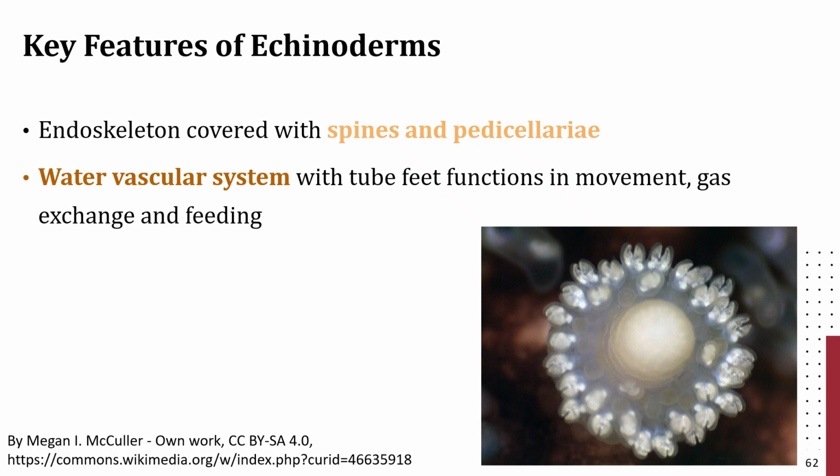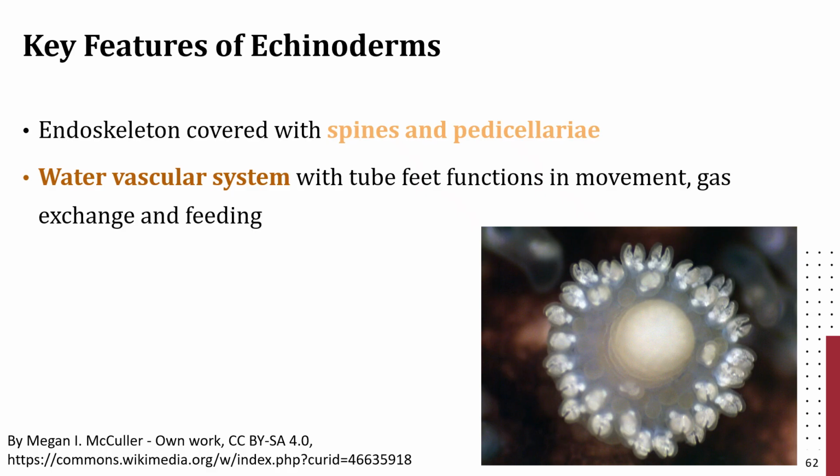Echinoderms have some unique features that we haven't really seen yet in our organisms. One is an endoskeleton. Endoskeleton basically means inside support structure with an outside covering. That outside covering is often covered with spines and structures called pedicellariae. Spines are obviously sharp.